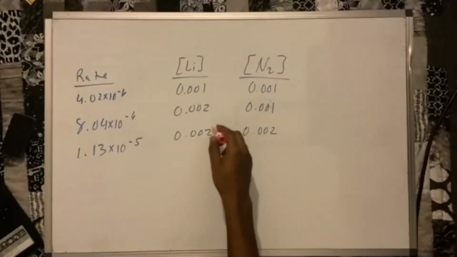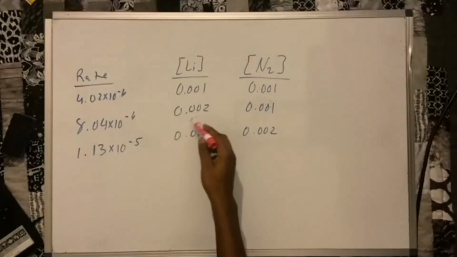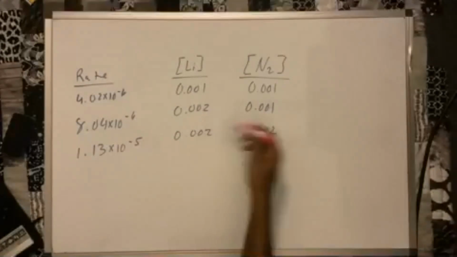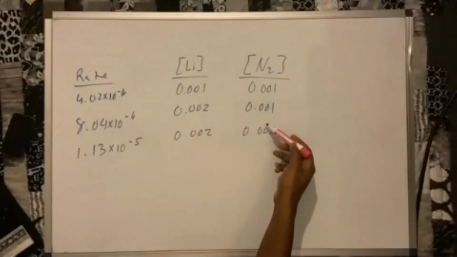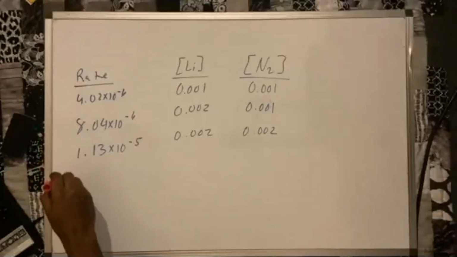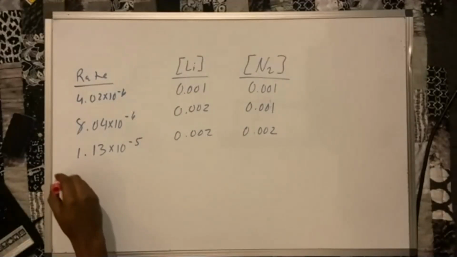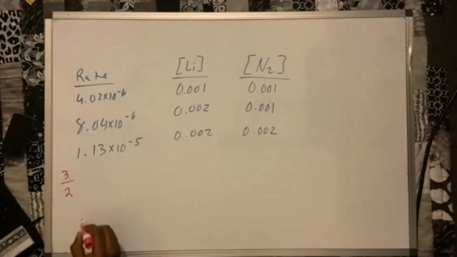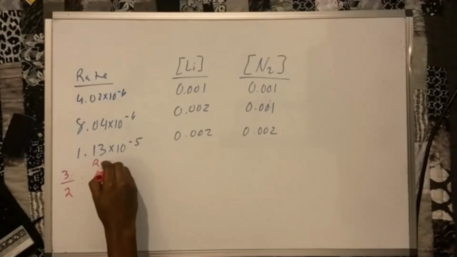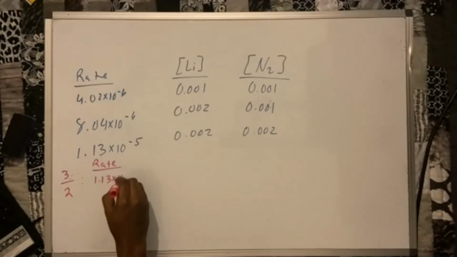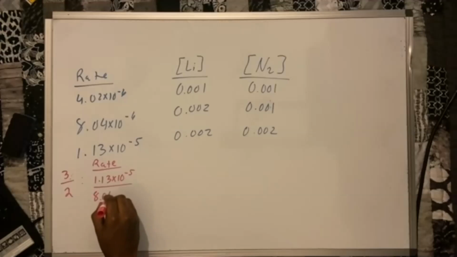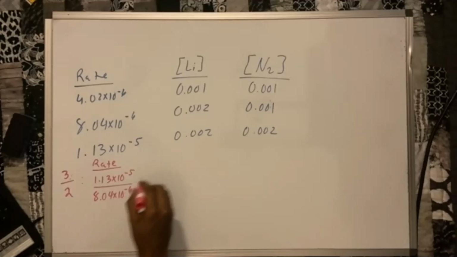Okay, so first, if I look at experiment 2 and 3, I see that lithium does not change, but my nitrogen does. So I'm gonna do 3 over 2. And then for my rate, that would be my 1.13 times 10 to the negative 5th over my 8.04 times 10 to the negative 6.